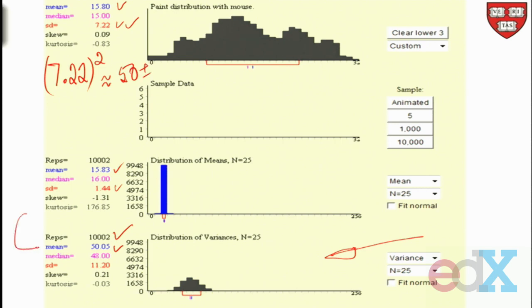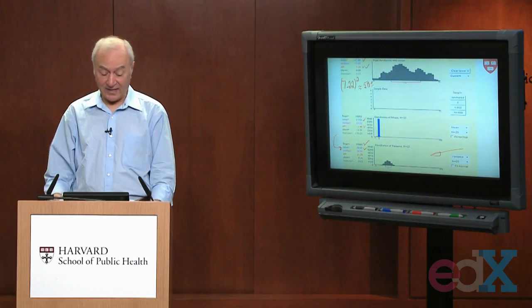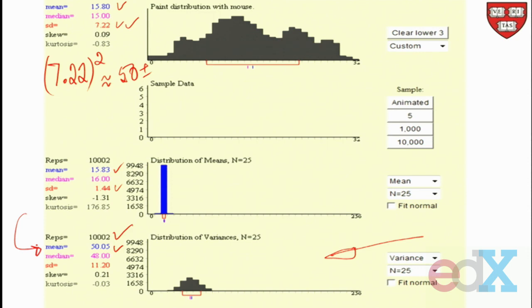We've got that the mean of the sample variances is 50.05. Theory tells us that this mean of the sample variances is estimating the population variance.